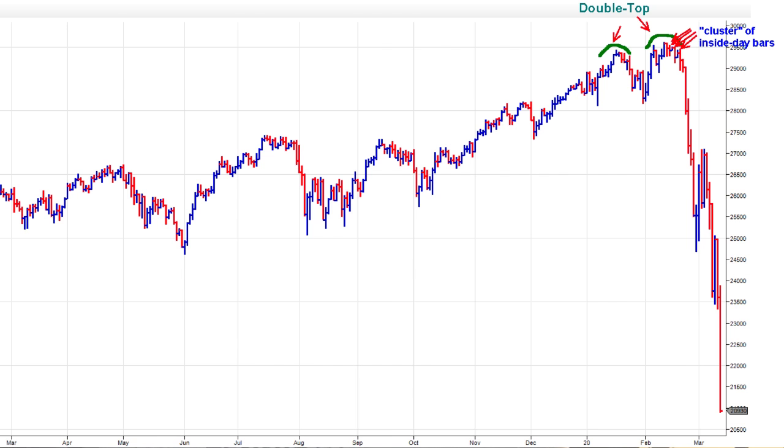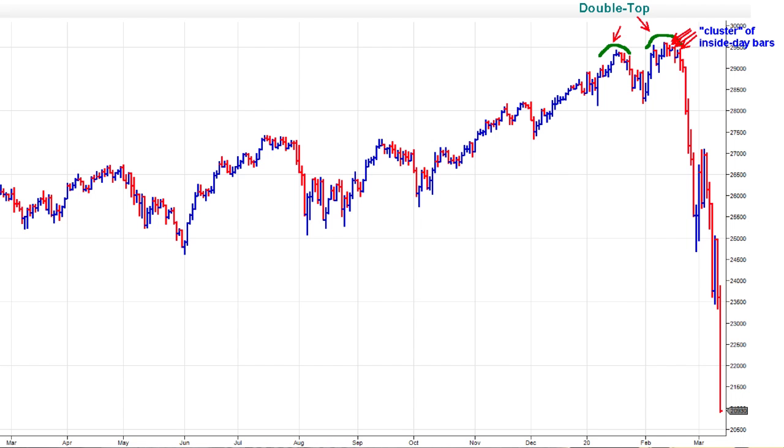If you think about it, picking a top or a bottom of a market is a very scary thing. It's not something that I suggest you do frequently. And for me, when I do see this turn, it's a collection of things. It's a pattern and it's price action. With the Dow Jones, we see that it was peaking right at the same area as a prior peak, and then it was going sideways, couldn't make any more forward momentum.